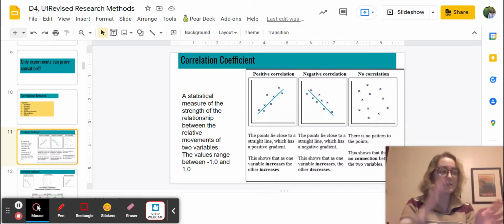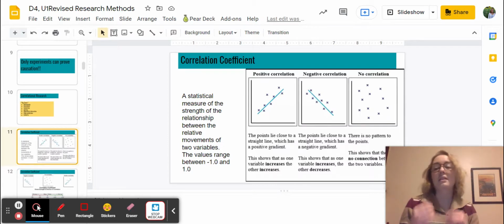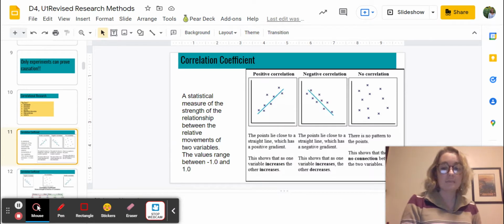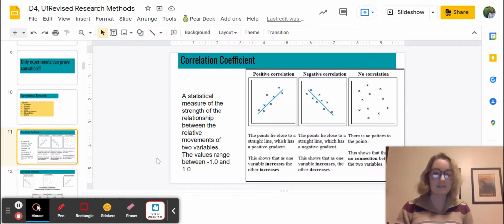Or is it more like, oh, it looks like there's an upward trajectory, in that most of the Italian people we're surveying like it, but it's not super strong? So it's looking at the strength, and the correlation coefficient goes between negative 1.0 and positive 1.0.